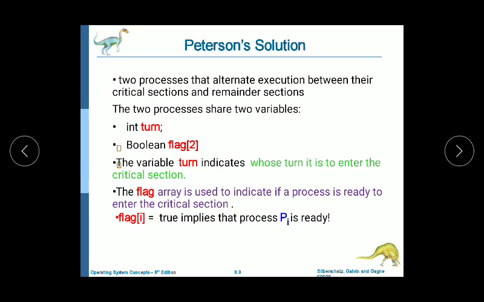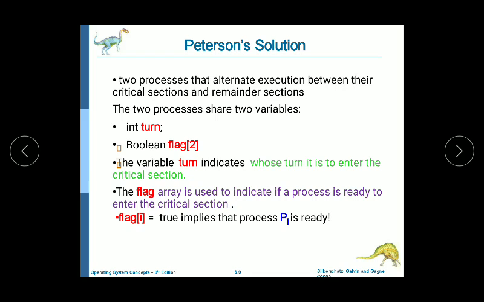That means flag[i] is equal to true implies that process Pi is ready. flag[j] is equal to true indicates process Pj is ready. Okay. Turn indicates whose turn it is to enter into the critical section and flag indicates who is ready to enter into the critical section.